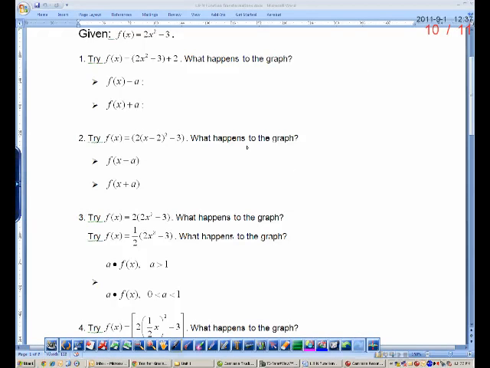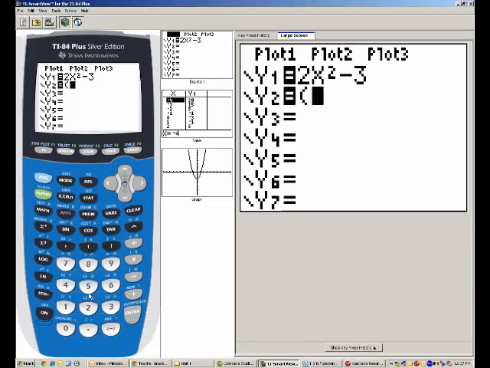Now, we are asked to take this whole function and add 2. So that's what we're going to do. In y2, we're going to type in our original function, 2x squared minus 3. We're going to add 2. All right?